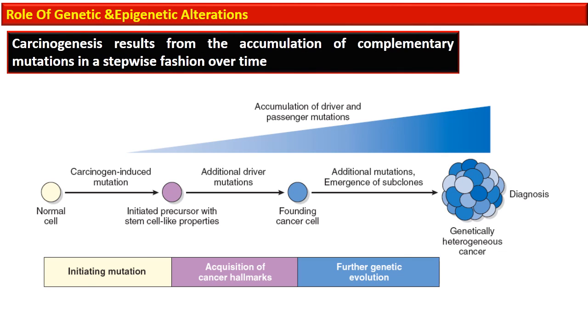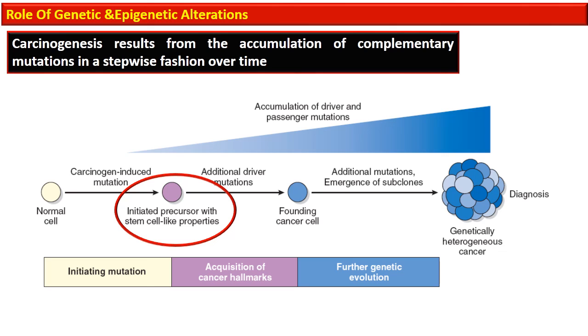Carcinogenesis may result from accumulation of complementary mutations in a stepwise fashion over time. As is evident from this picture, a normal cell receives a cancer-inducing mutation, and by this mutation, the cell is transformed into a precursor cell that has stem cell like properties.